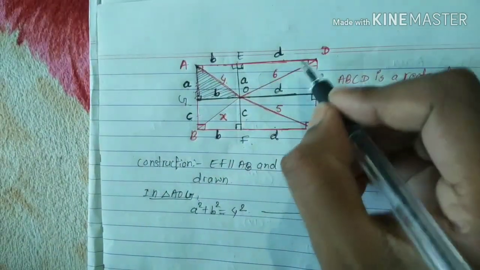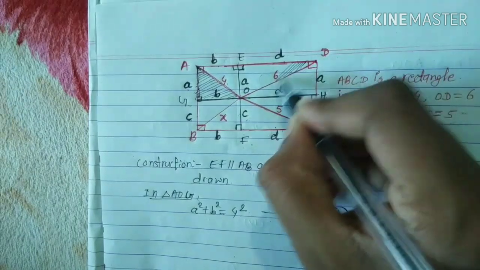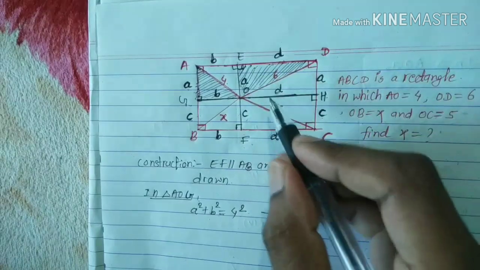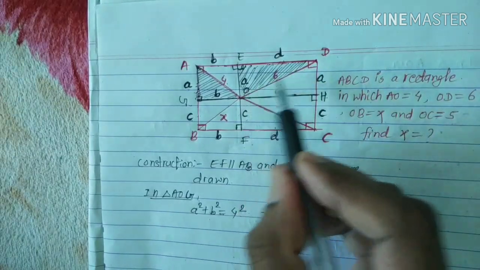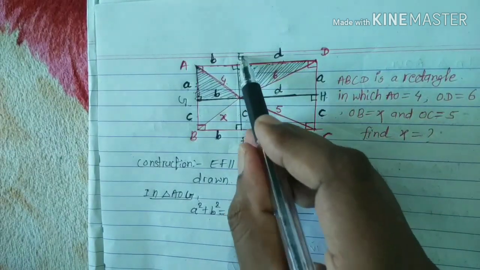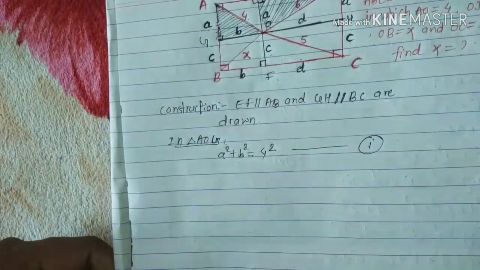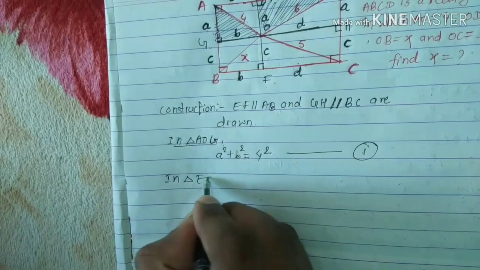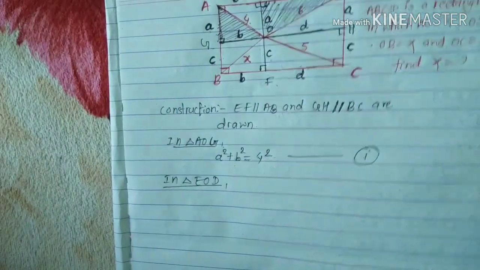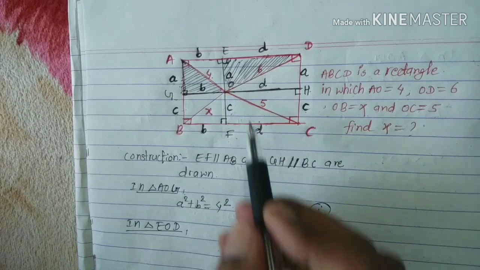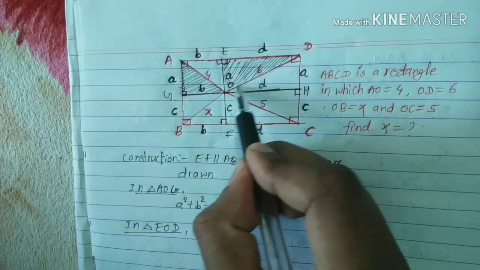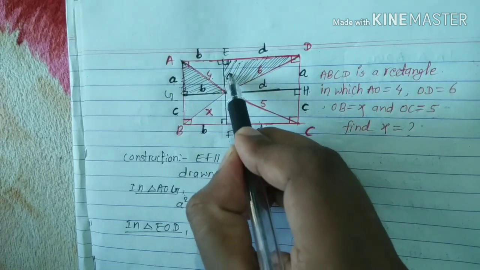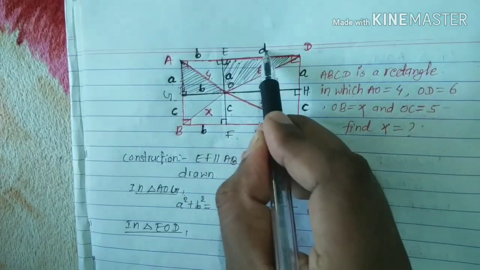Then again I am going to take this triangle, as you can see in the figure: triangle EOD. In this right angle triangle, its hypotenuse is 6, its perpendicular is a, and its base is d.